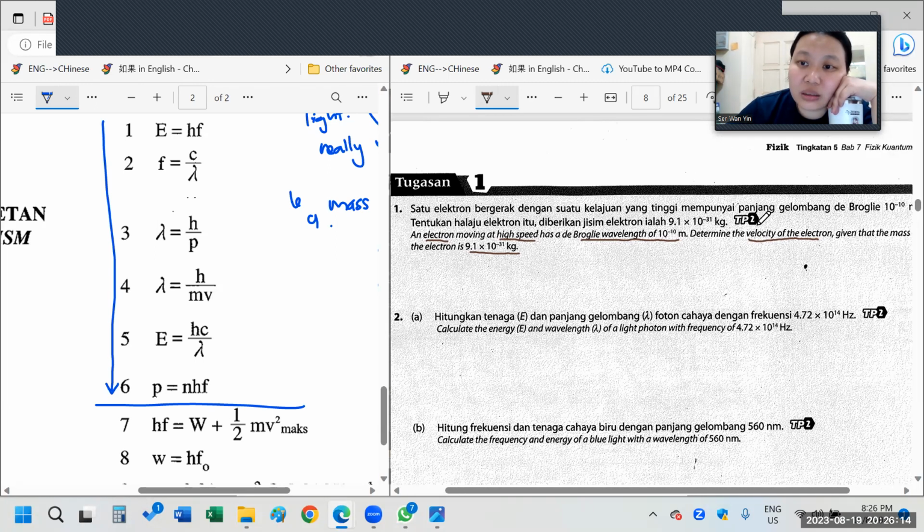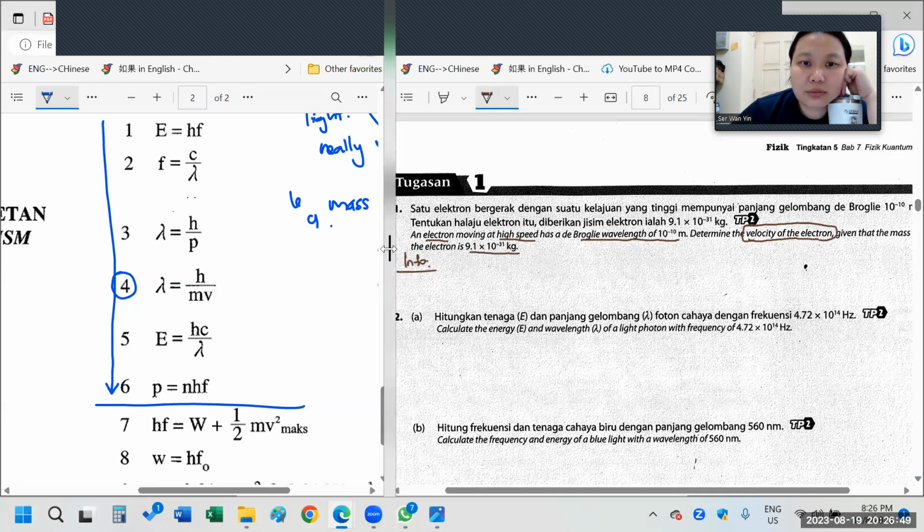We want the velocity of the electron. If we just refer to the velocity of the electron, we can see here there is no velocity. This is light speed. Yes, it's here, number 4. Only number 4 has velocity. So we check one more time about the info.